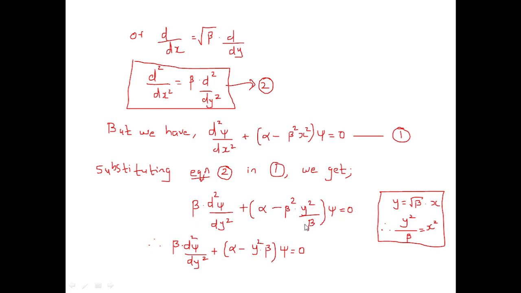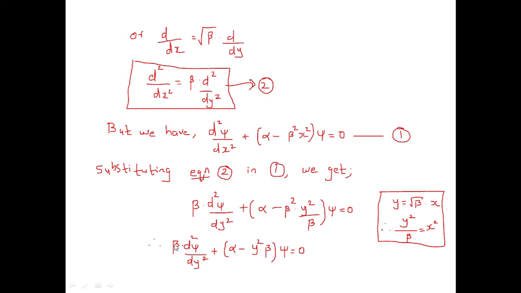Here instead of x squared, we have written y squared by beta, and that is obtained from y is equal to root of beta x. Therefore, y squared by beta is equal to x squared. We have squared this equation, rearranged, found the value for x squared in terms of y and beta, and substituted here.